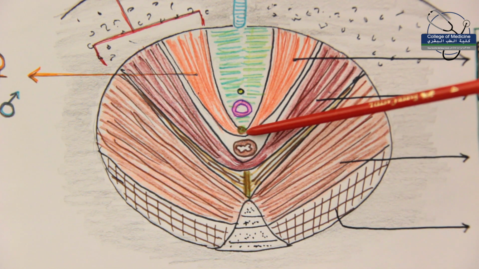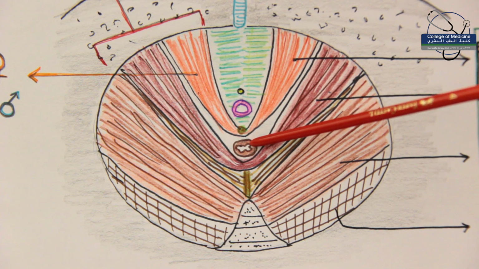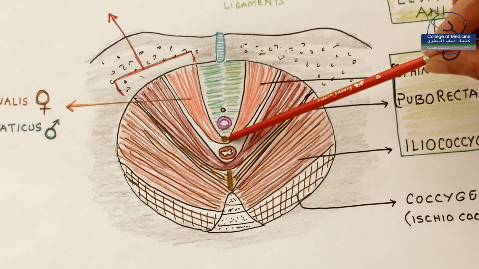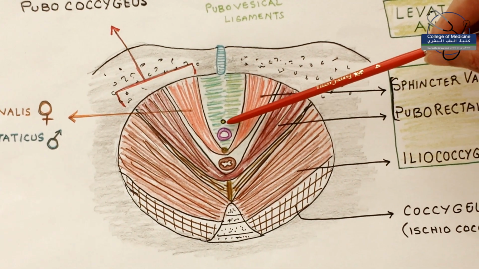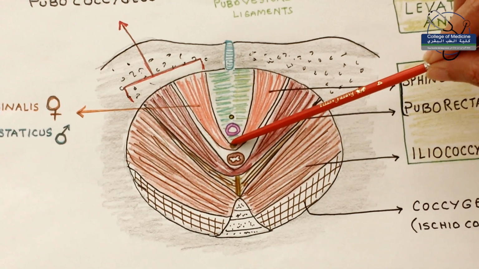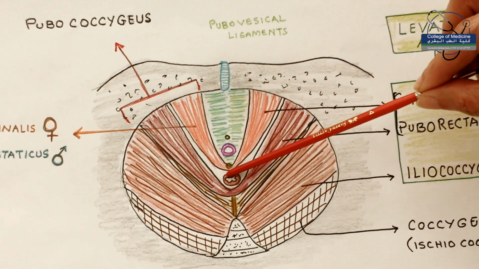So we have a perineal body between the vagina in females and the anal canal. That is the perineal body. But in males, we don't have the vagina, so the perineal body is between the urethra and the anal opening.